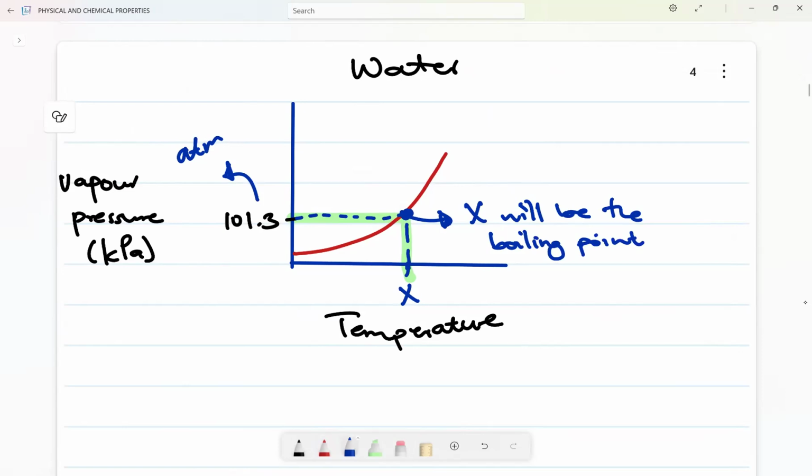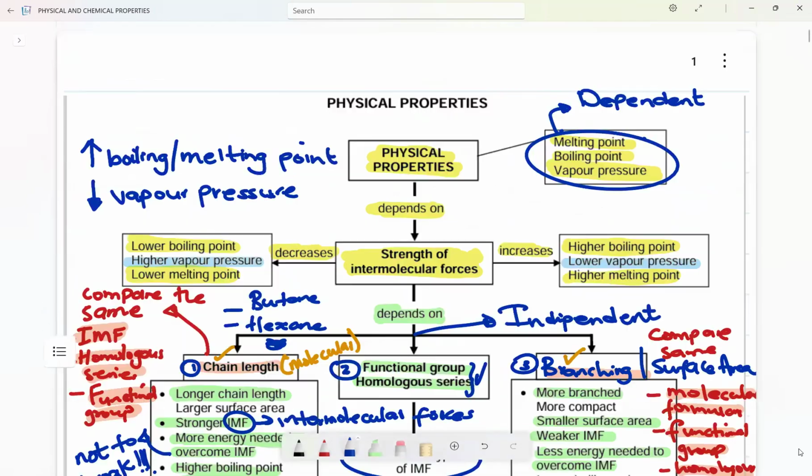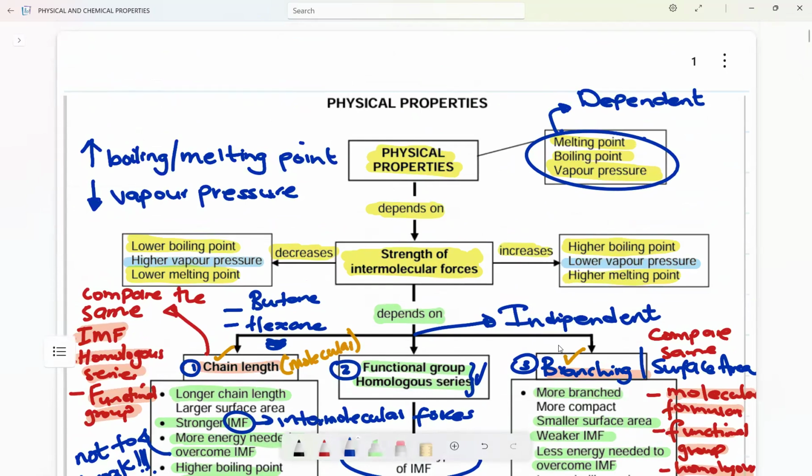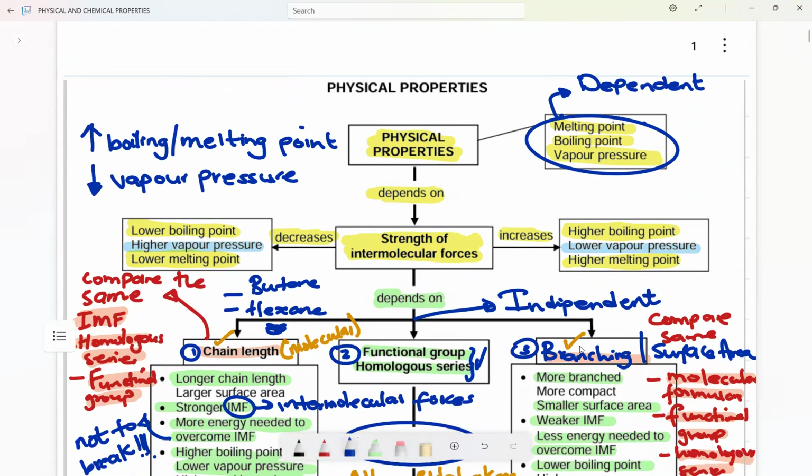That's all from me on this video. I think I explained thoroughly what you need to understand. You need to be in a position of saying, now I understand intermolecular forces and the dependent factors. The dependent factor is what we are trying to determine: either the melting point, boiling point, or vapor pressure. What does it depend on?